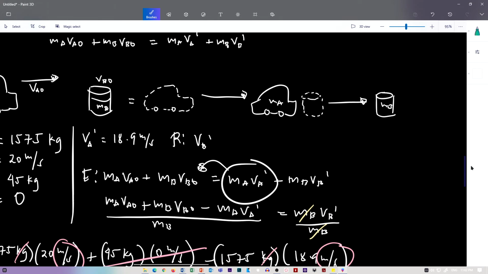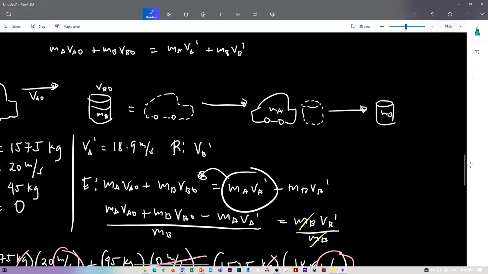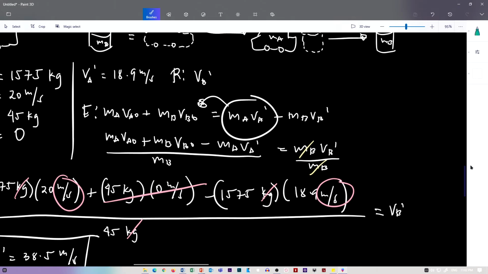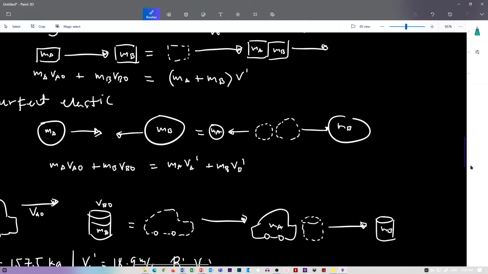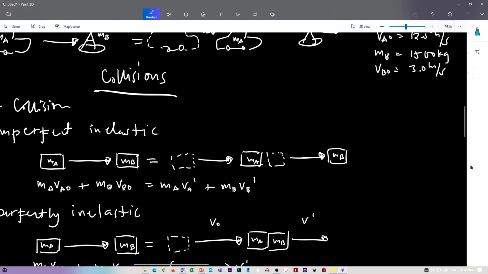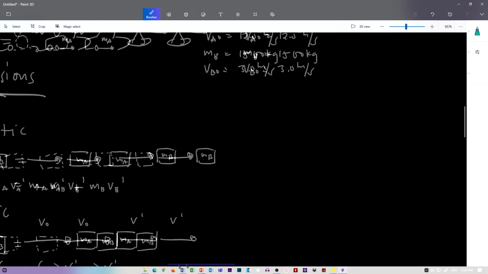In this case, you transpose this to the other side. This one will be cancelled because this doesn't have a velocity. The reason why I look back at that is because you're going to see a different approach on this problem.